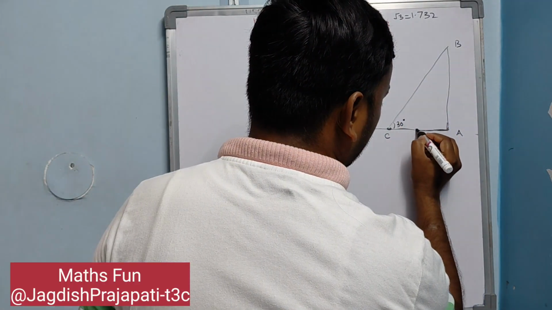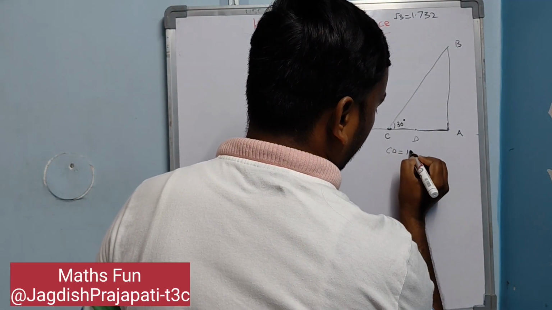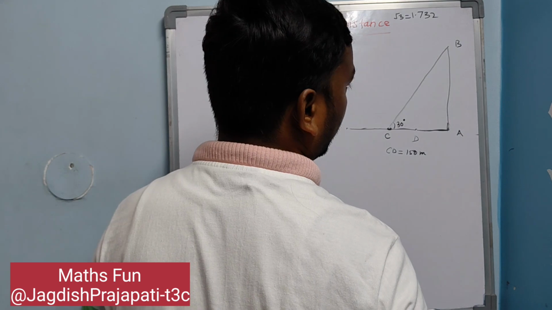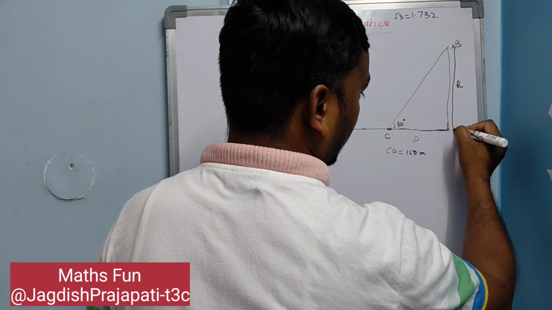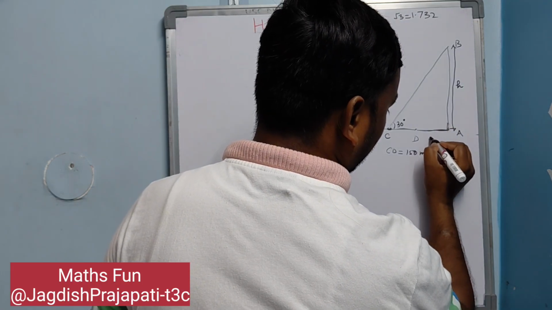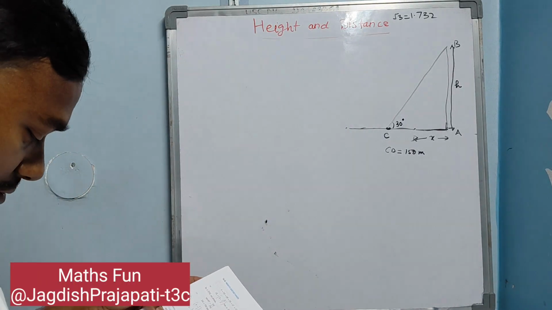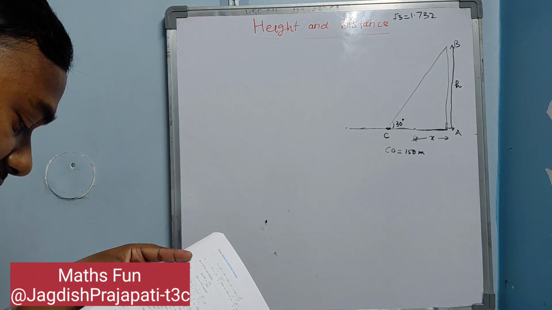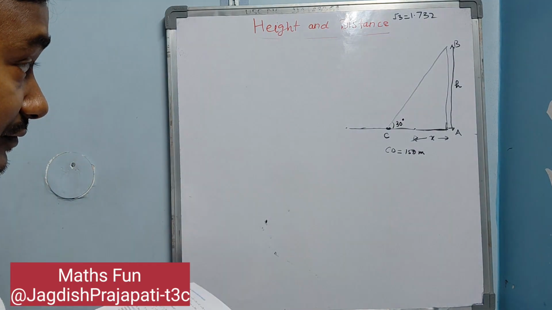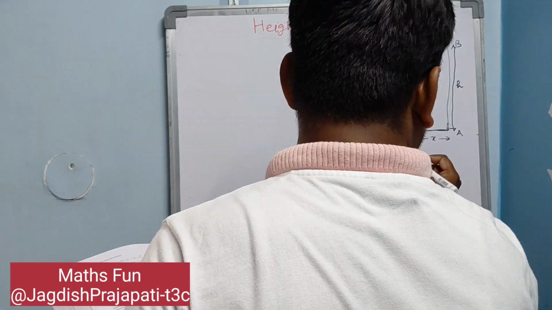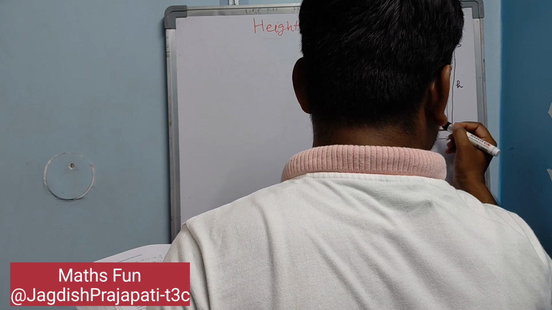So suppose this is point D. CD is now 150 meter, it is given. Okay. Let us suppose this AB is H, and AD is, say, let's say this is X. So I think we have to find the height of the tower. After advancing 150 meter, the angle of elevation changes to 60 degree. So now this becomes 60 degree.